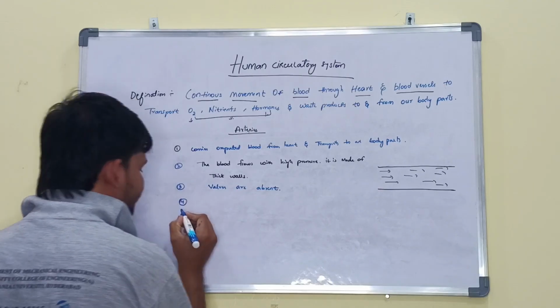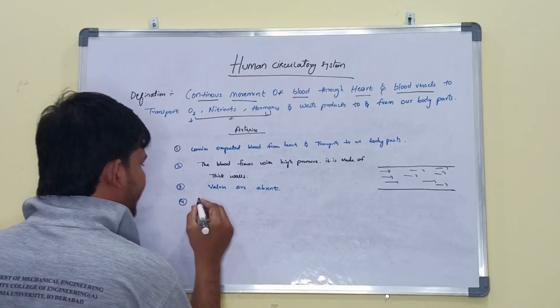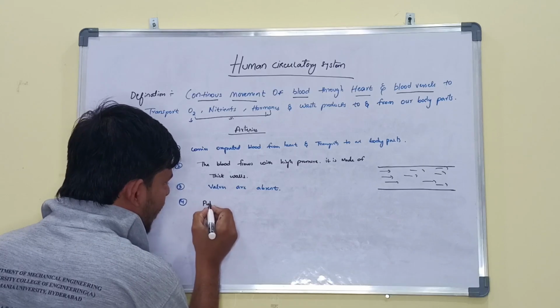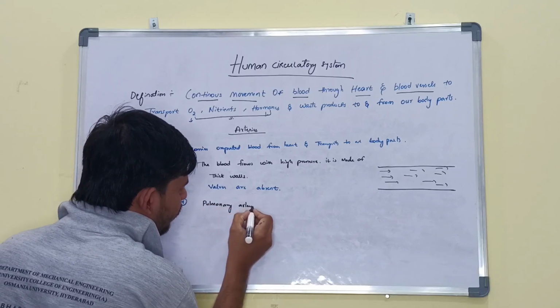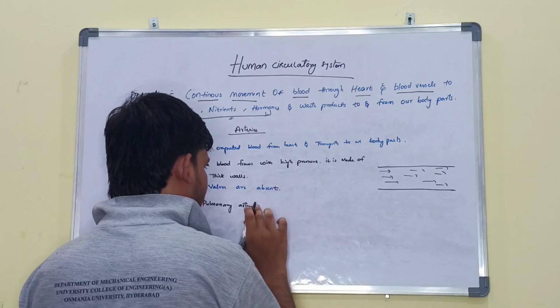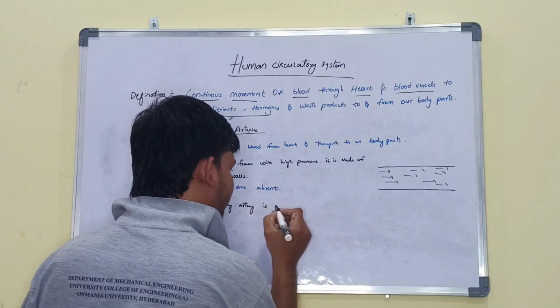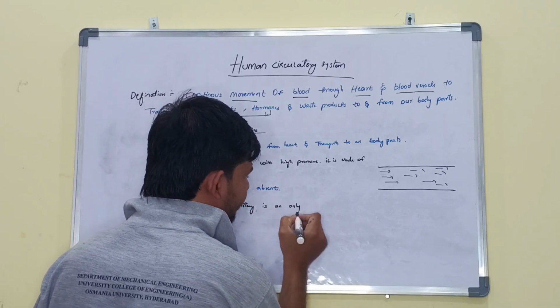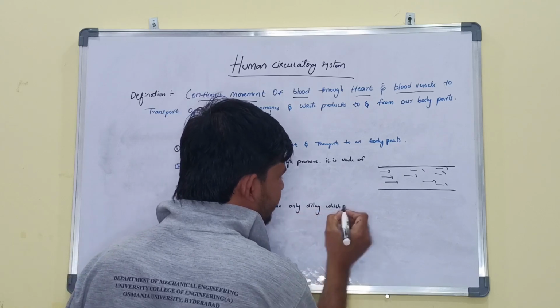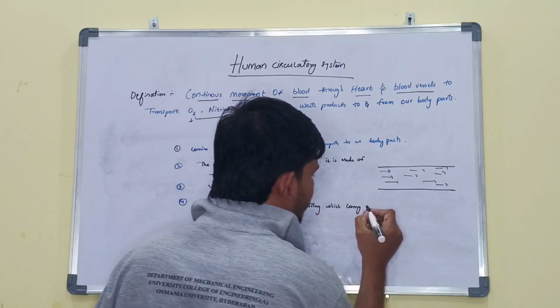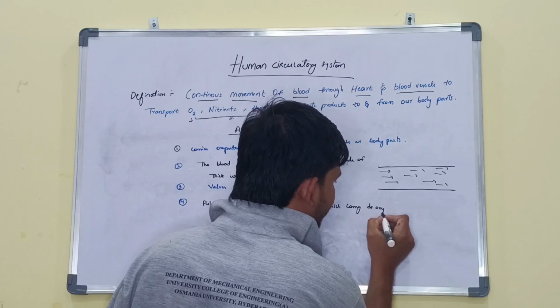Fourth point is, in arteries, pulmonary artery is the only artery which carries deoxygenated blood.